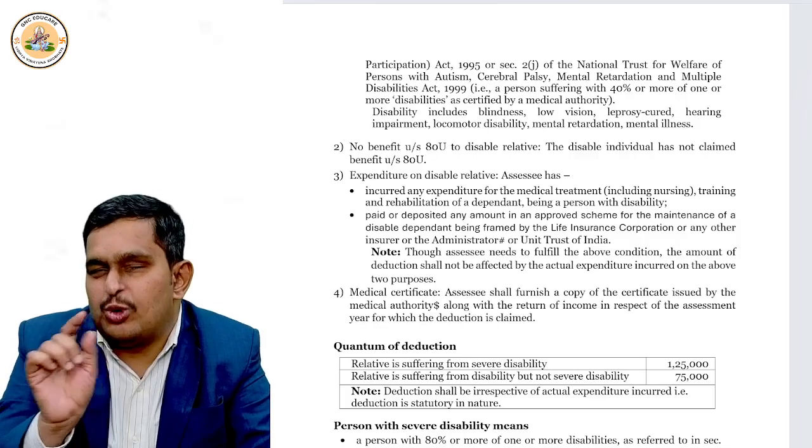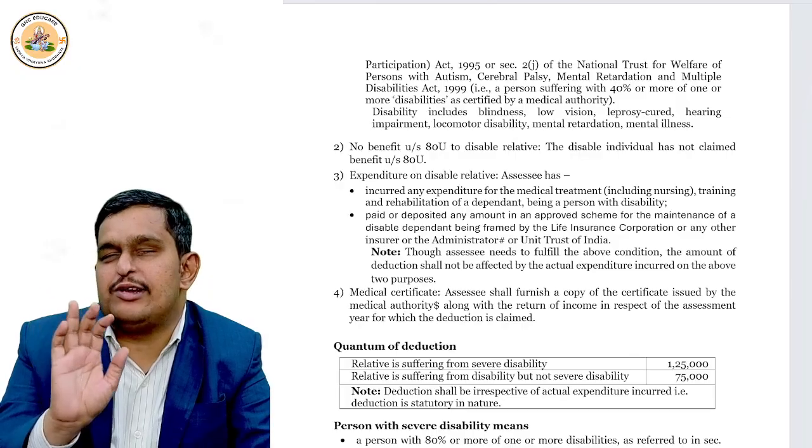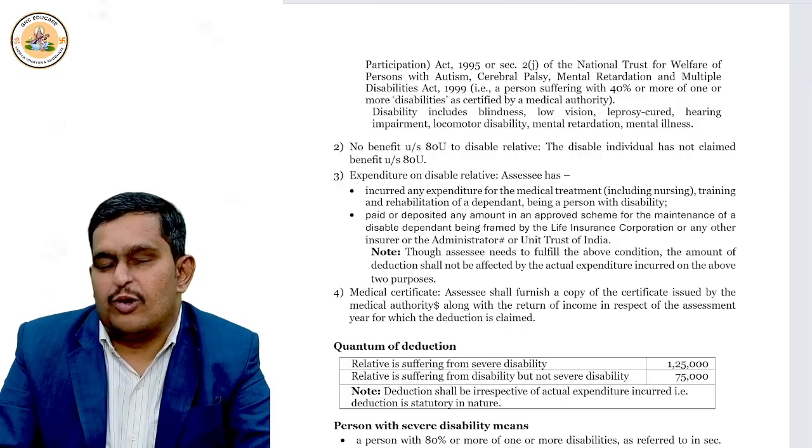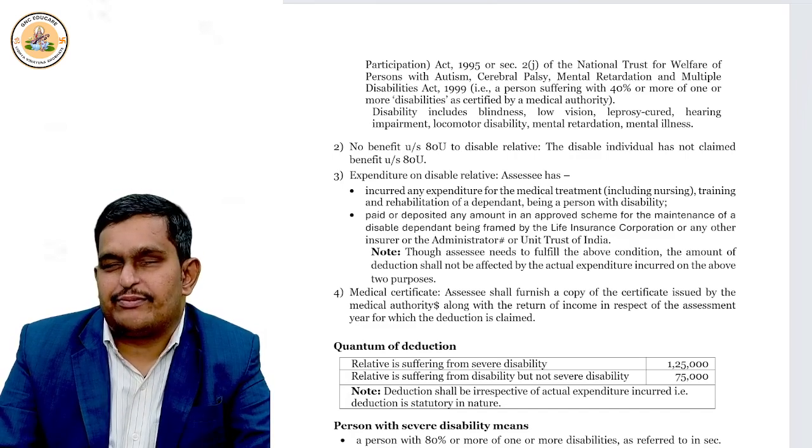I did not say up to 75,000. I said exactly 75,000 you can claim as deduction. But suppose the person's disability is 80% to 100%, then definitely 1,25,000 deduction is given.